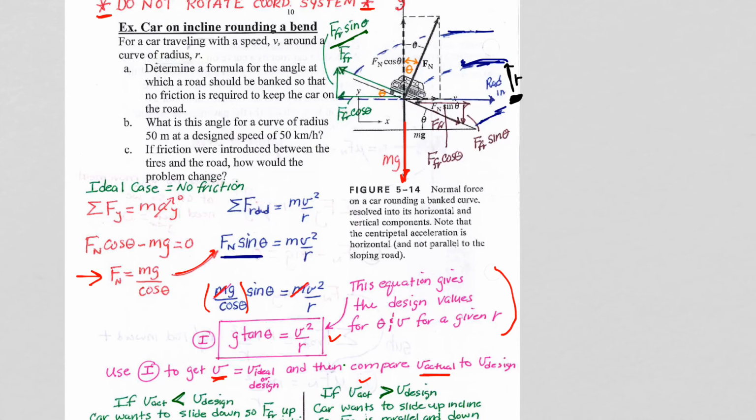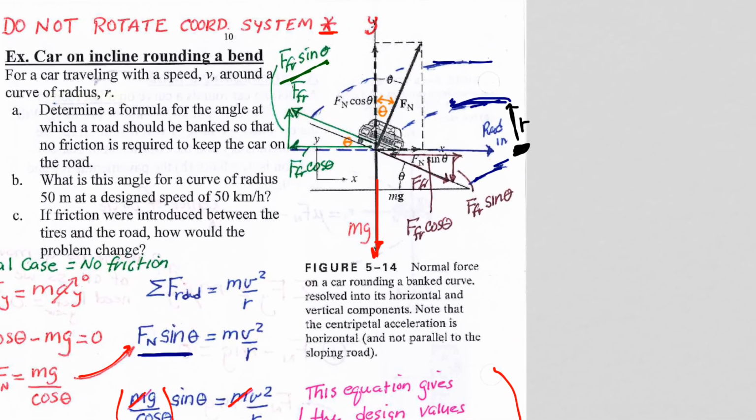Now this frictional force, this brown frictional force that I have drawn in here that is acting parallel to the road and down the incline, is going to have two components. It's going to have a force normal cosine theta, helping the car to stay in circular motion because it's in the radial direction.